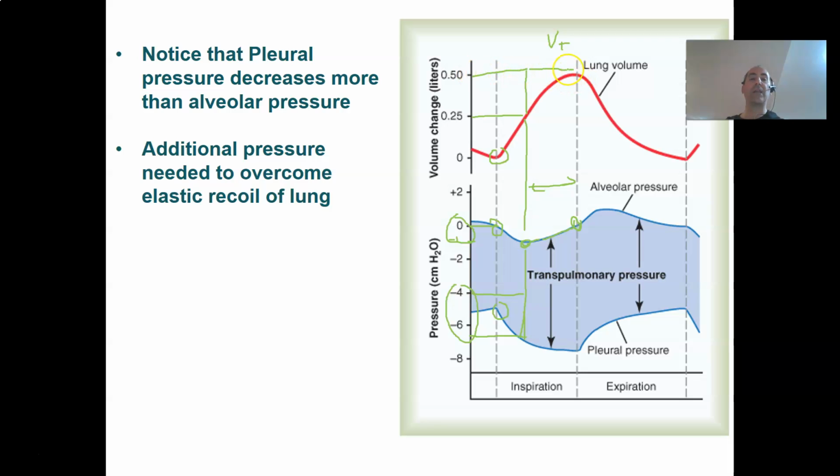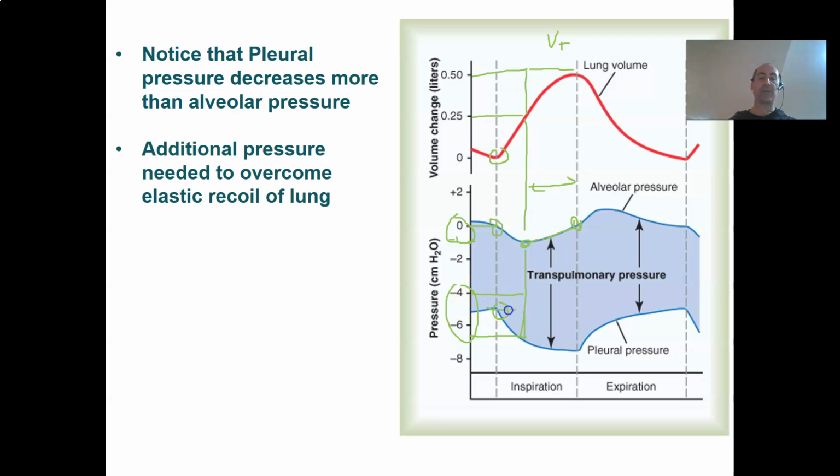And you've taken in 0.5 liters of air. You went from 0 alveolar pressure down to -1, back to 0, and you started your pleural pressure at about -4. Oops, I made a mistake here.